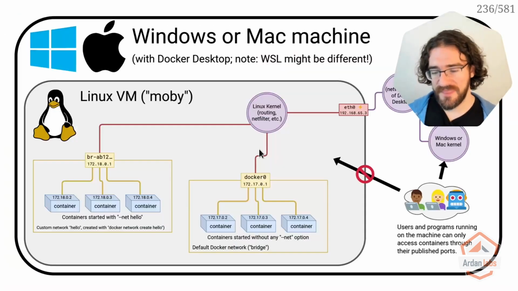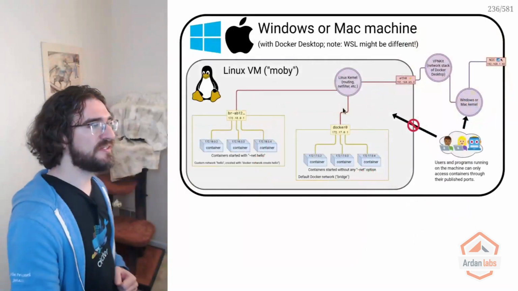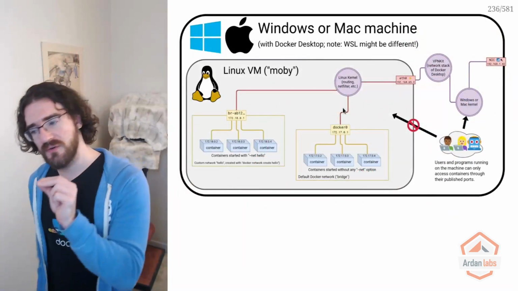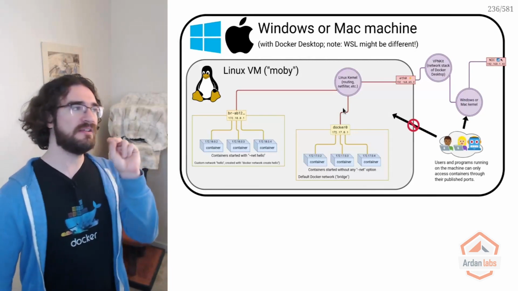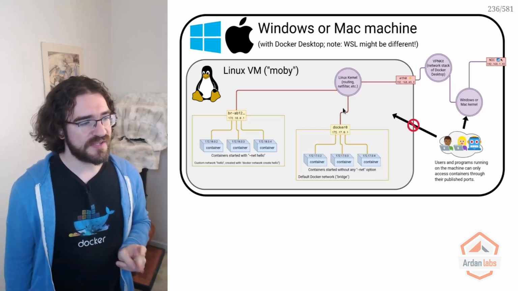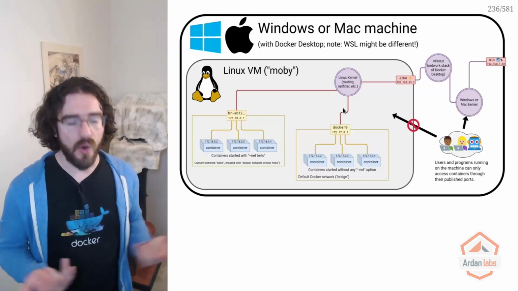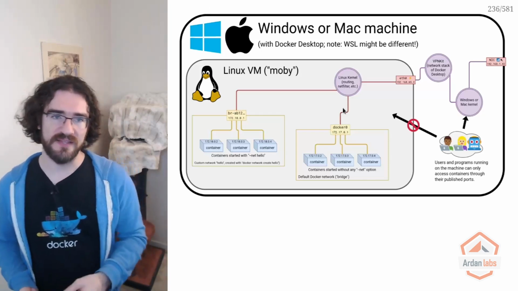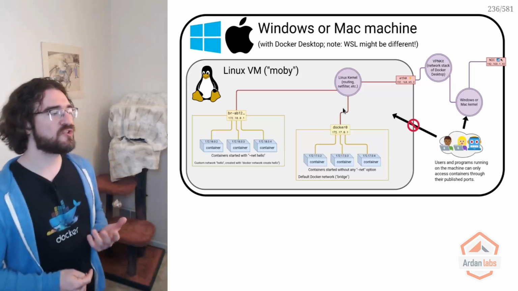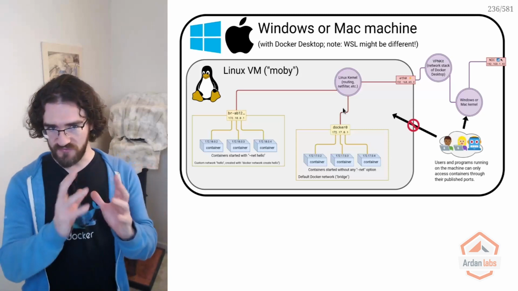Now, and that's the part that's really interesting, I think, to understand the difference between Windows, Mac, and Linux environments. Remember what I said yesterday in the beginning? I was saying that Docker only runs on Linux. And so when you run it on Windows or on a Mac, it actually runs in a small VM.